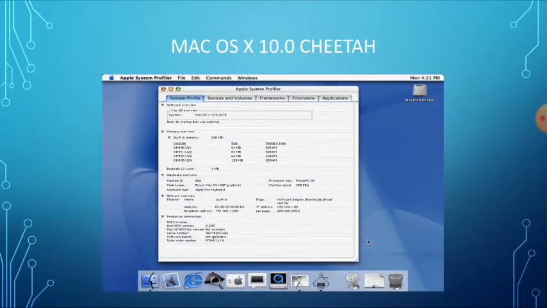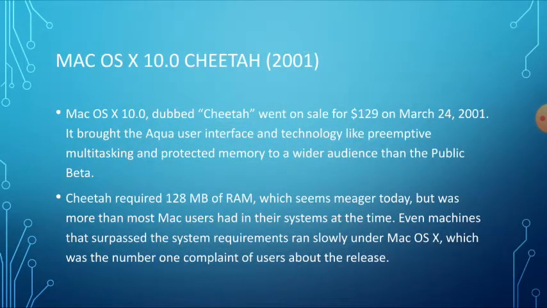So this is Mac OS X 10.0 Cheetah. It was released in 2001. Mac OS X 10.0, dubbed Cheetah, went on sale for $129 on March 24, 2001.